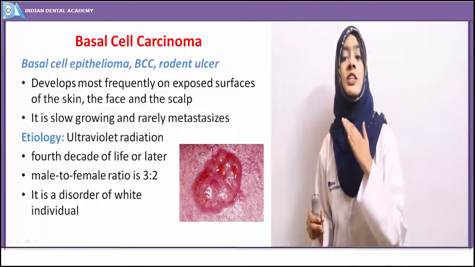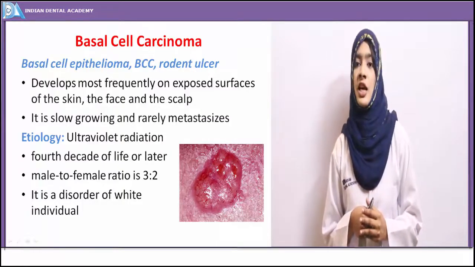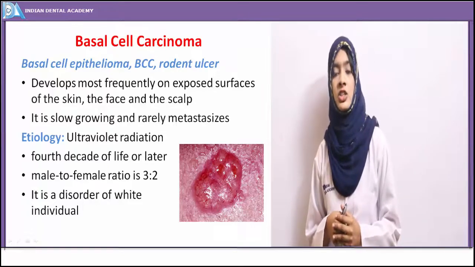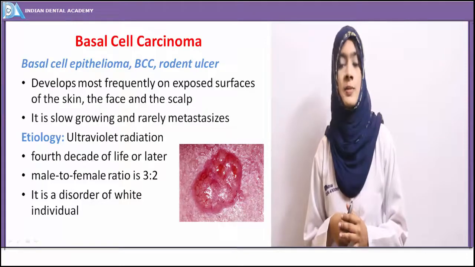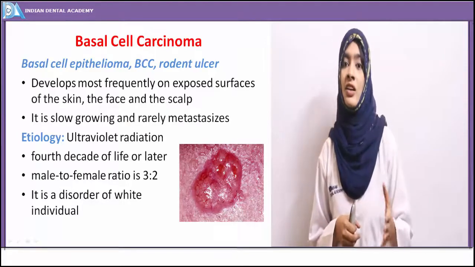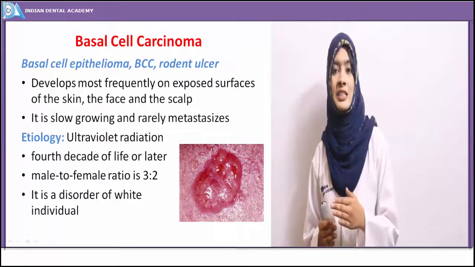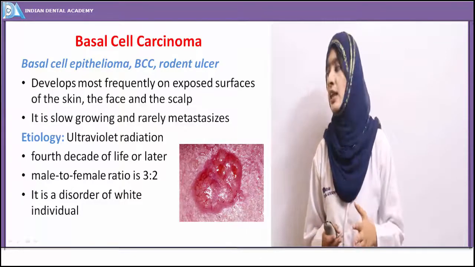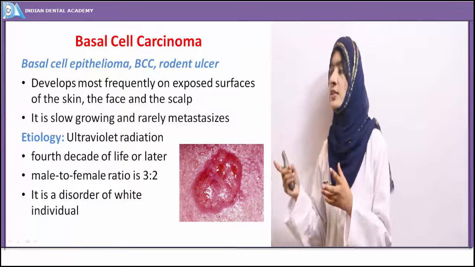Okay, it is relatively slow, we can say. So basically the etiology is ultraviolet radiation exposure, the sun ray exposure, and this disorder is seen more commonly in white or fair skinned individuals, and darker skinned individuals do not show basal cell carcinoma.